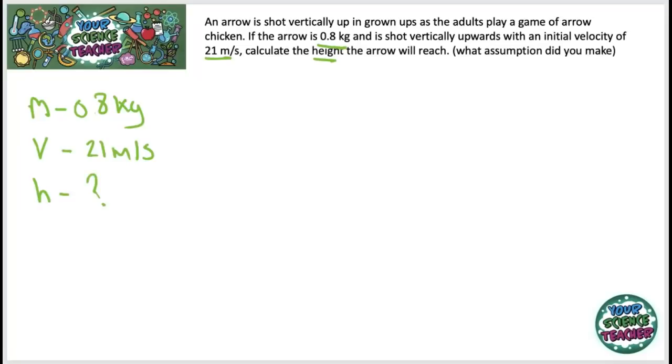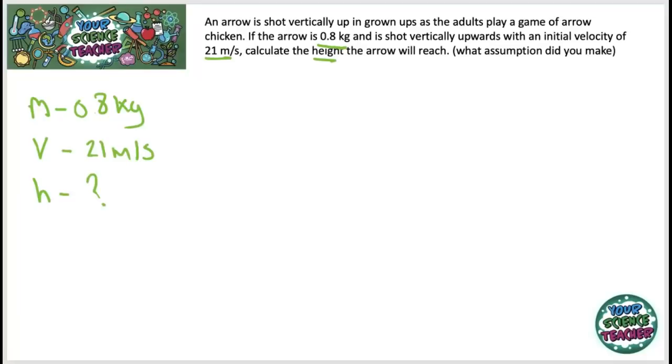Now, first thing to think about is maybe what energy transfers are going to take place here. So I've got elastic energy from my arrow, which is going to be converted to kinetic energy as I shoot the arrow. And then that kinetic energy is going to go all the way into gravitational energy.